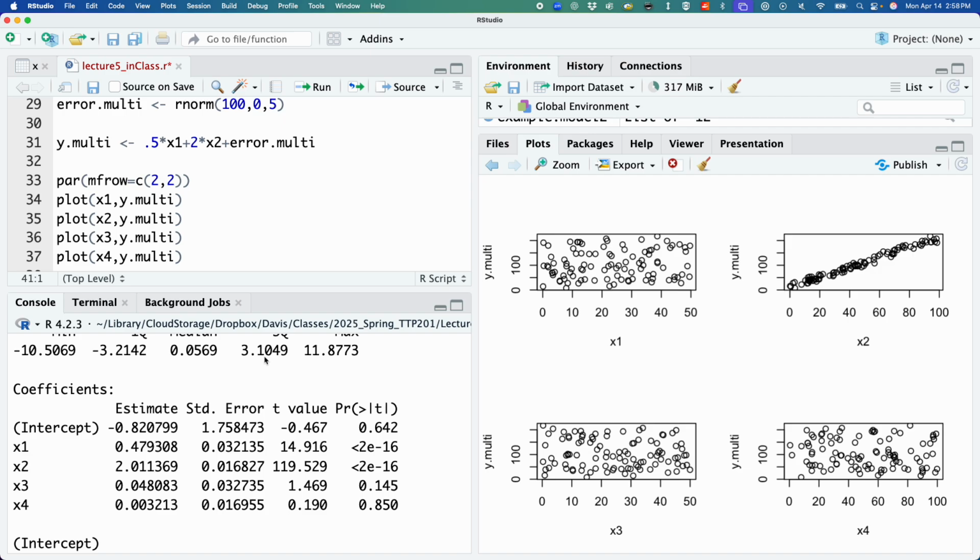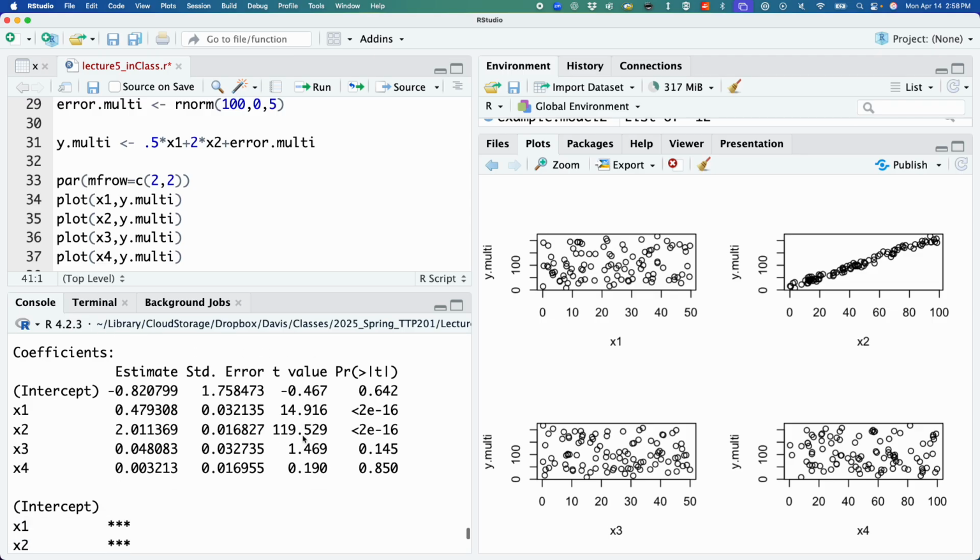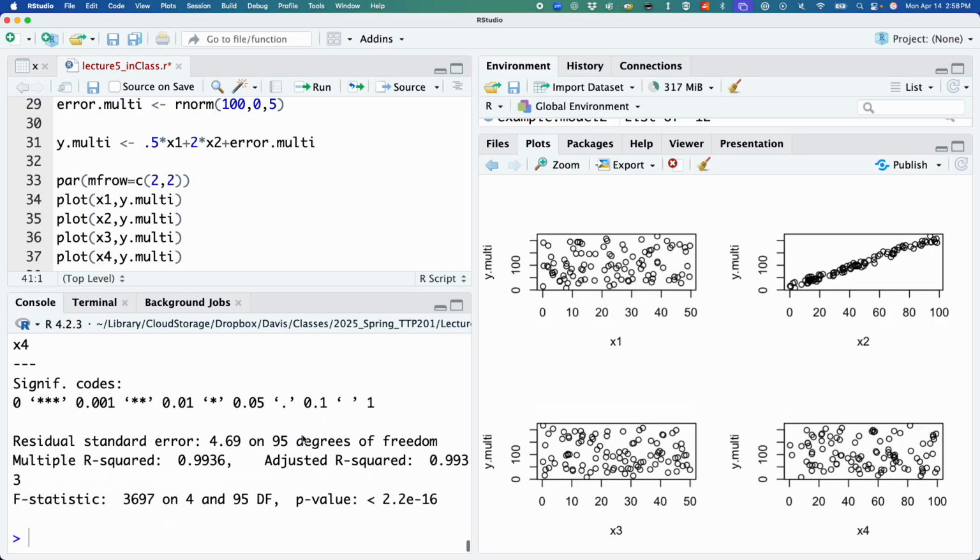In this case, we're highlighting its ability to ignore the noise and really hone in on the actual relationships in the data. Okay? And pretty good R-squared values too, for what that's worth. Any questions?